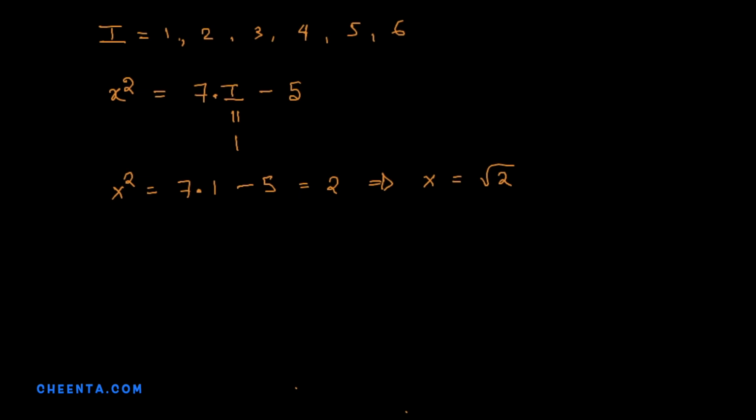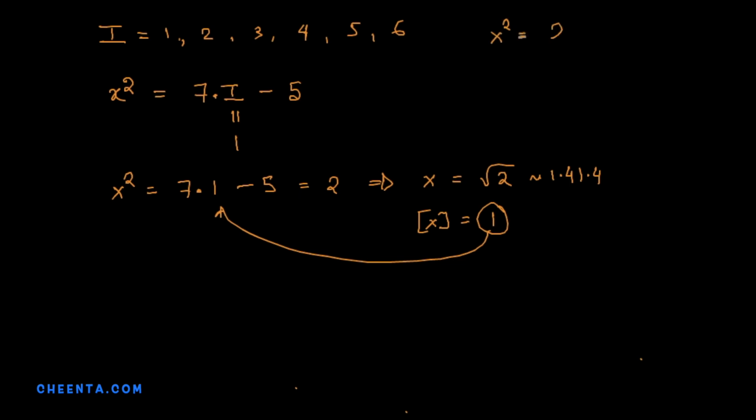In the previous video, we have shown x is positive. So x is square root of 2, and it works because square root of 2 is 1.414 approximately, and floor of that is 1, which is exactly what we needed.